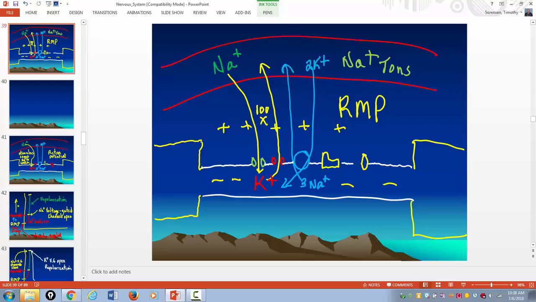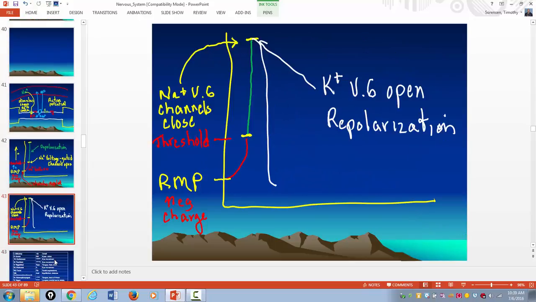And when that voltage gated potassium channel opens, again, voltage gated, tons of potassium is going to flood from the node into the blood. And because potassium's positive and you're taking it away from the inside of the node, the charge inside that node is going to become more negative.